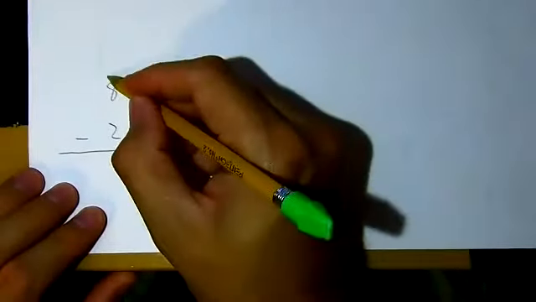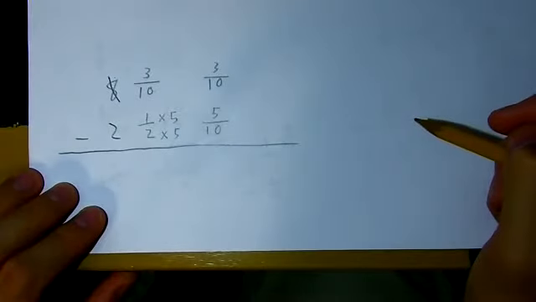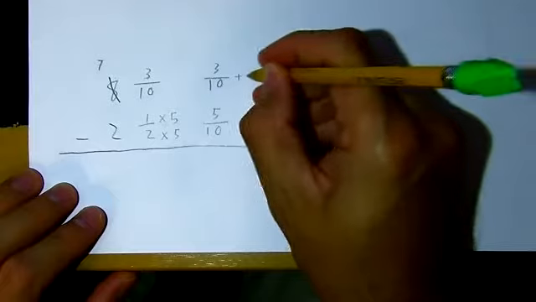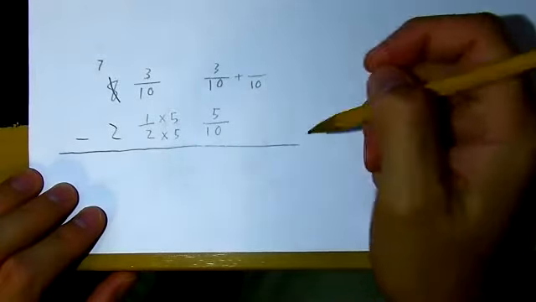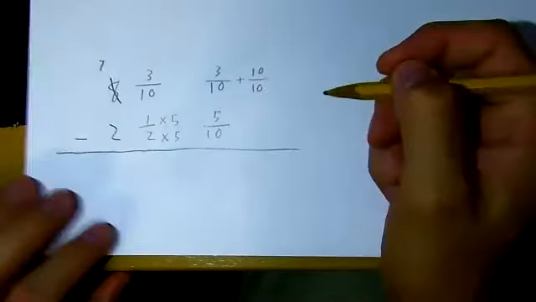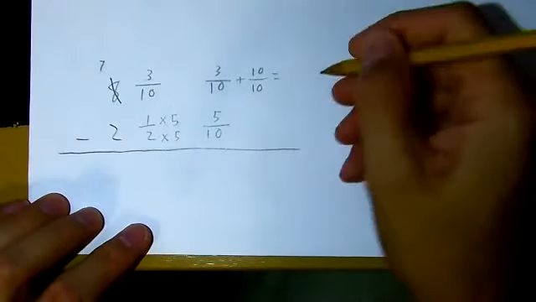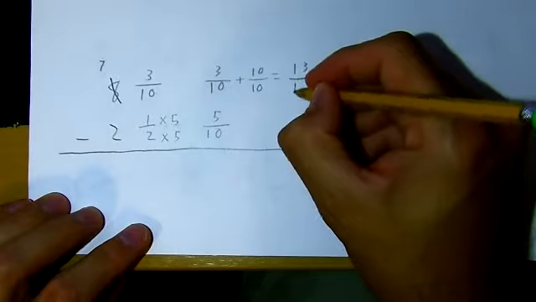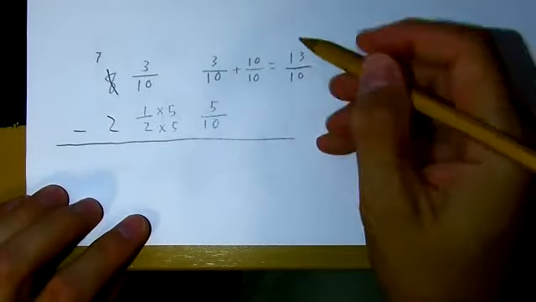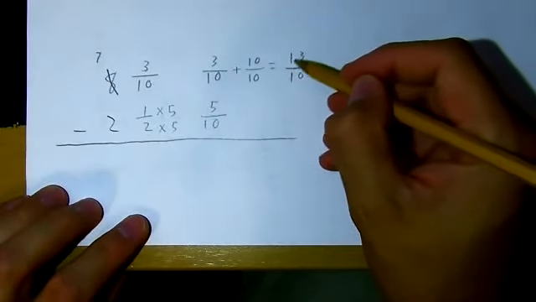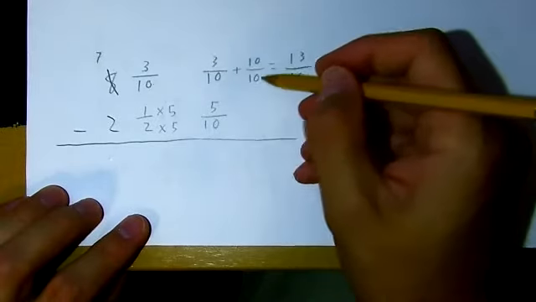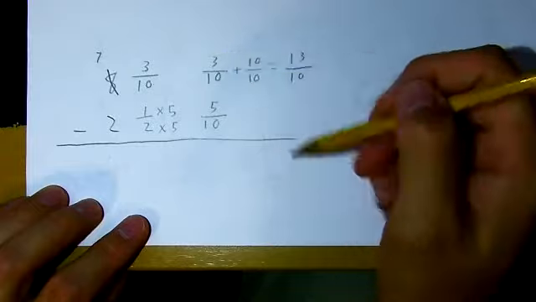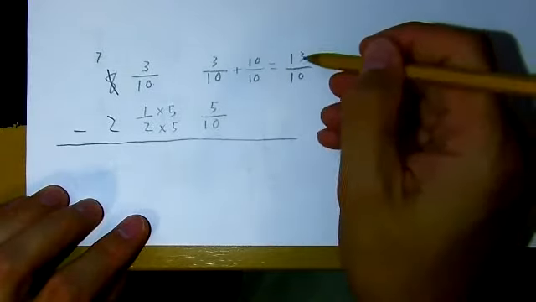So we borrow. Mark out the 8, make it a 7. Our denominator is 10, so our numerator is 10, which means you end up with 13. Now I did this on purpose. The only time that there's going to be a 1 that goes in front of the 3 is when your denominator is 10, because you're basically adding 10 to that. 10 plus 3 is going to be 13.